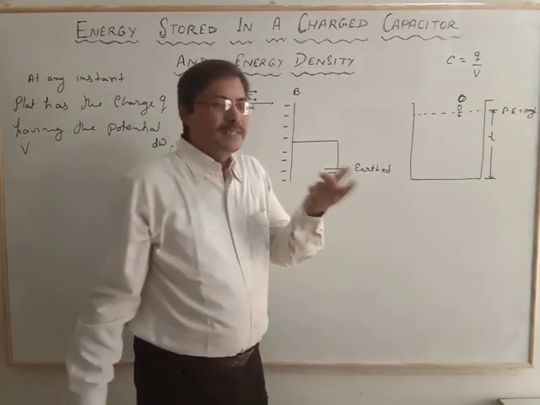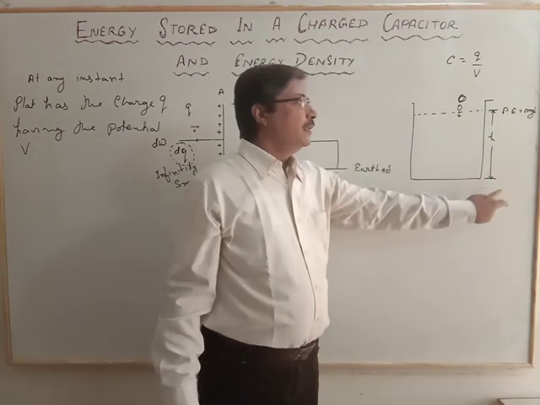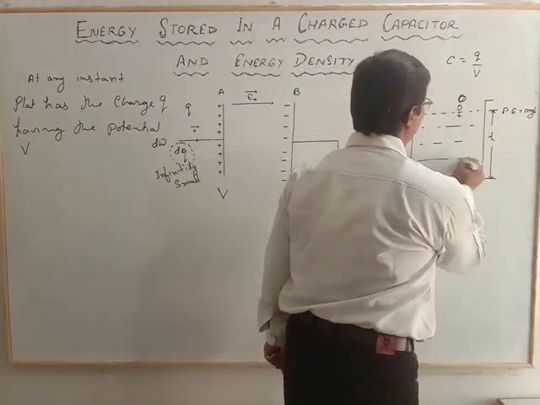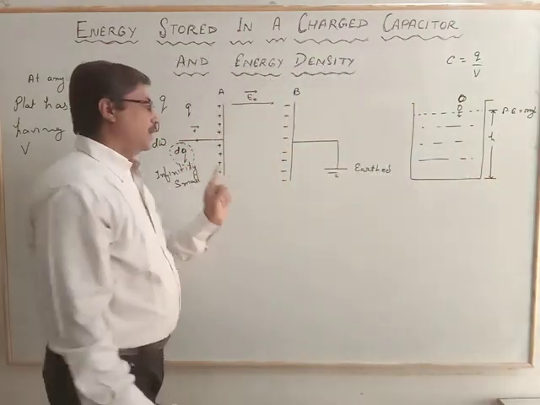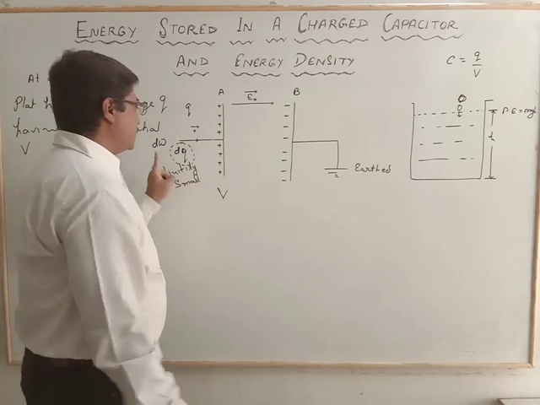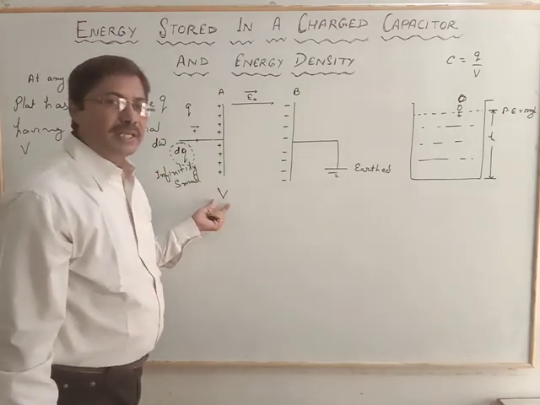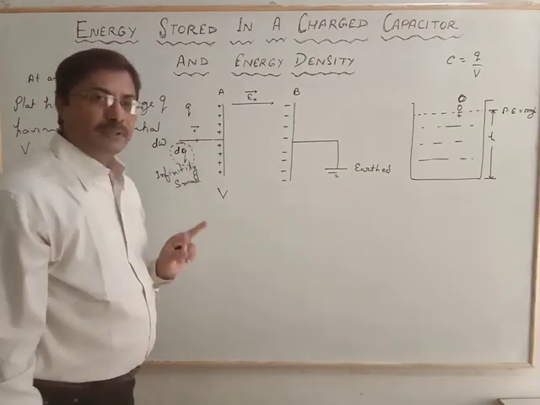A few drops do not change the height of the liquid column. The similar character we consider here also. It is such a small charge that the potential remains constant, so only a small work is done to bring the charge to the plate.